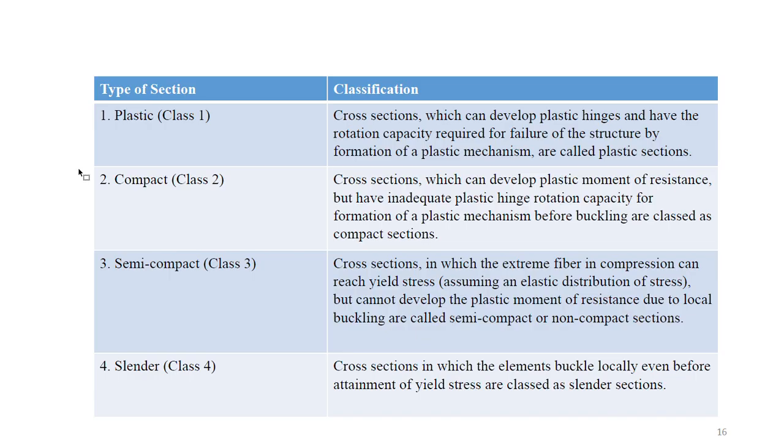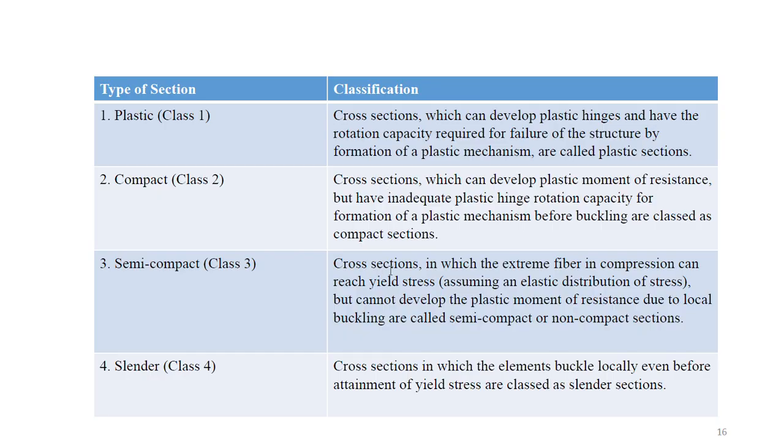To collapse that particular fixed beam, it requires a minimum of 2 plastic hinges; then only it can fail. If it has insufficient hinges, then the section is not going to fail. We can see here: having inadequate plastic hinge rotation capacity for the formation of the plastic mechanism before buckling is classed as a compact section. This type of section we used to call the compact section.